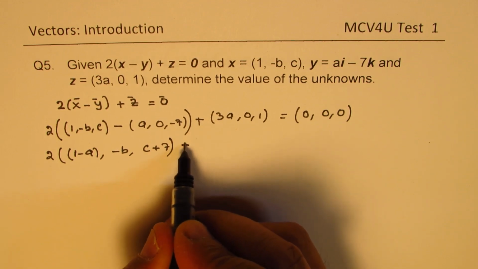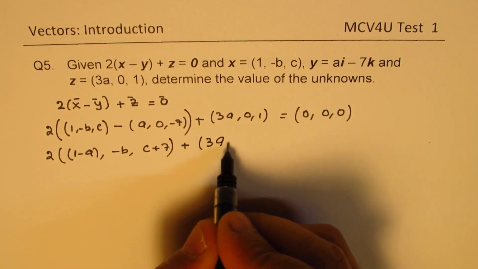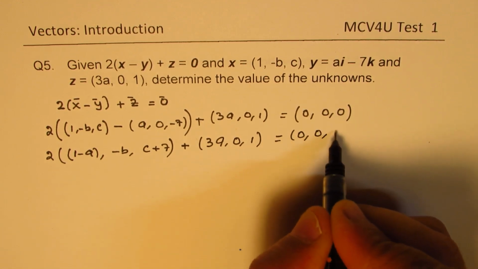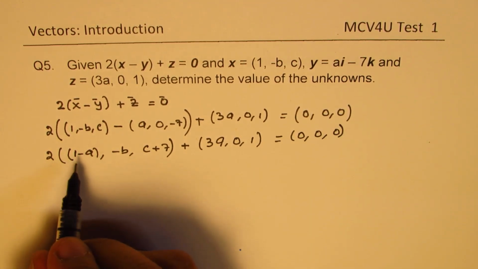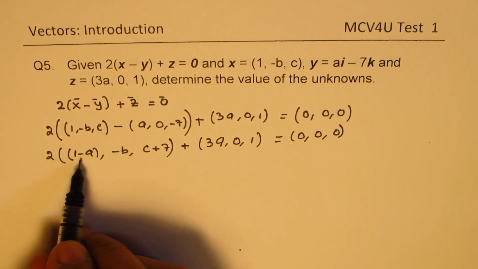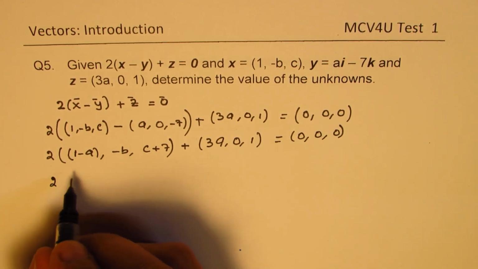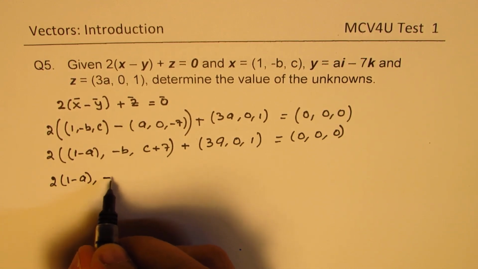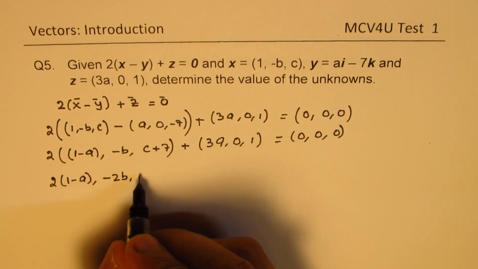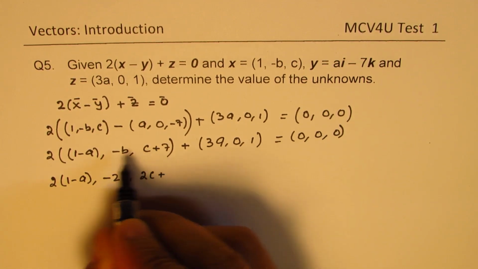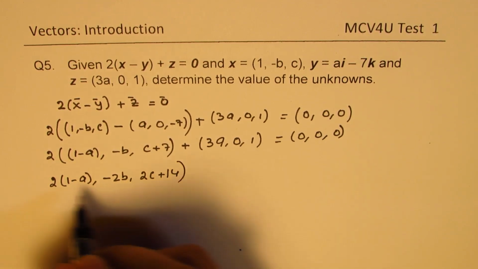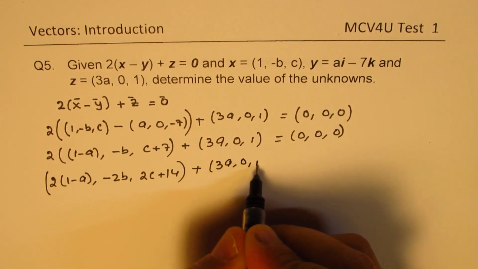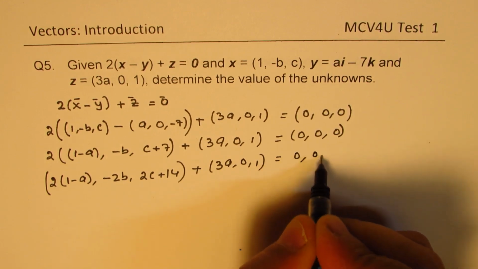And here we have plus 3a, 0, 1 equals 0, 0, 0. So you could write this as twice 1, minus 2b, and this could be written as 2c plus 14, right? 2 times 7, 14. Plus 3a, 0, 1 equals 0, 0, 0.